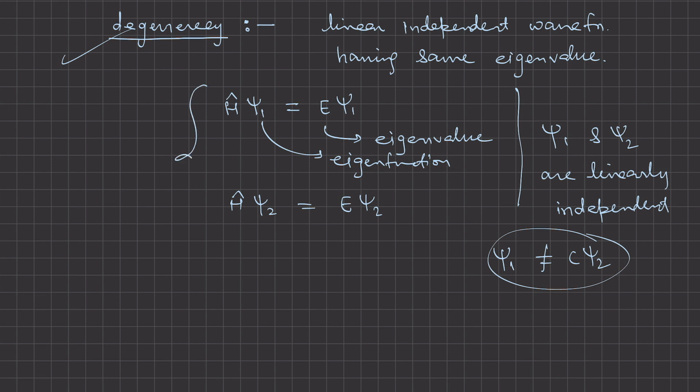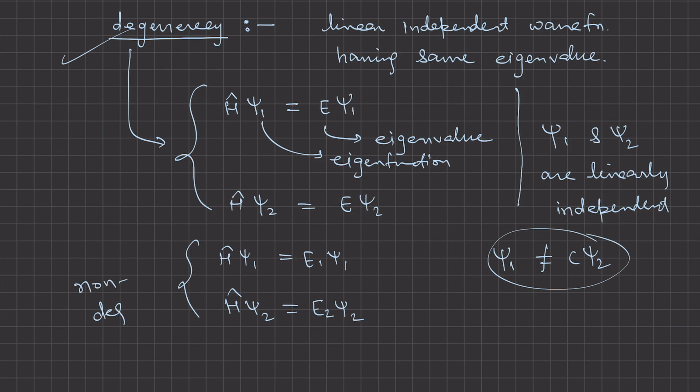This is the case for the degeneracy, and if this is the condition, then this is the case of non-degenerate eigenvalues. And let me tell you, even if you have the same energy but the eigenfunctions are linearly dependent, then that still does not count as degeneracy. So this is what you have to be clear about.